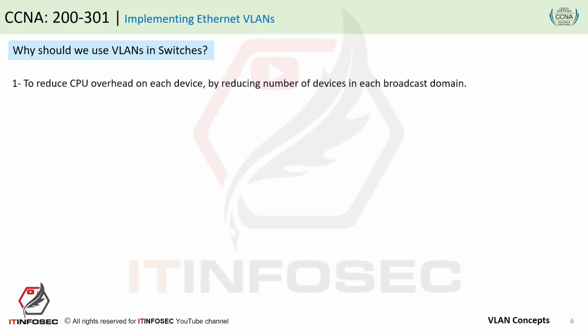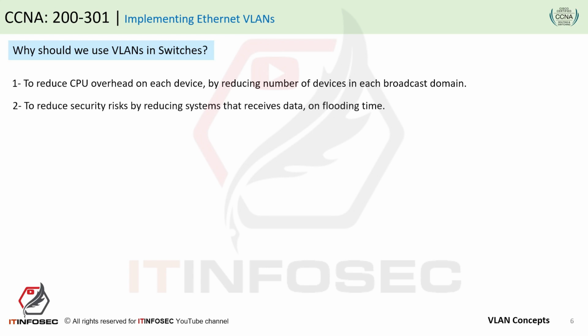And if in that network you have many computers, it is likely to produce many more broadcast packets. So to reduce the number of devices that produce broadcast packets, we can create VLANs and divide computers into VLANs, creating smaller VLANs with fewer computers and smaller broadcast domains.